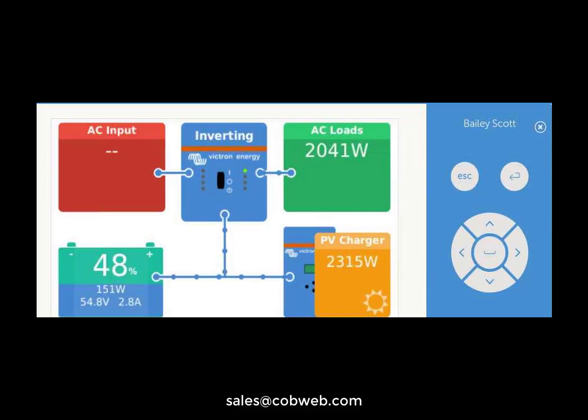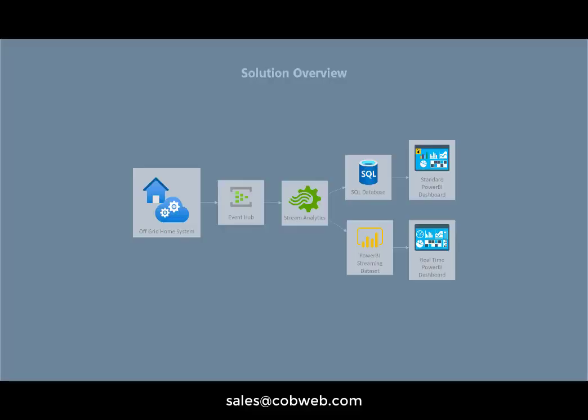So we analysed the solution and really thought about how we best do this. The off-grid system was a Linux derivative, and we were perfectly able to add a script that would post data to an API. So we set up an Event Hub in Azure, and we configured the system to post its data to the URL of the API for the Event Hub.